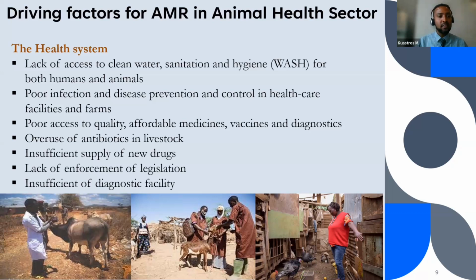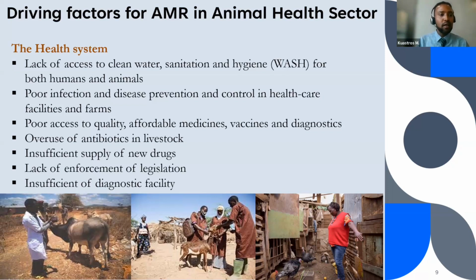One is the health system. As you know, the health system infrastructure is very important to mitigate AMR. So if the health system is not functioning well, it could contribute as one of the driving factors for AMR.